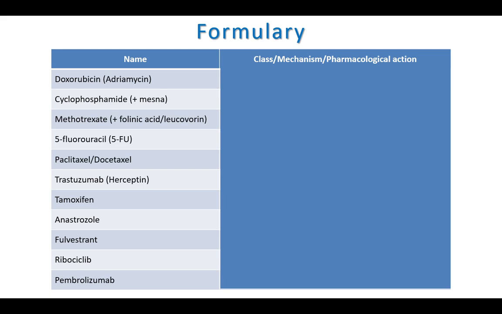5-FU, 5-fluorouracil, is an antimetabolite, okay. And inhibits what? We have many other slides, but I'm trying to cover the whole lecture on the very first slide.